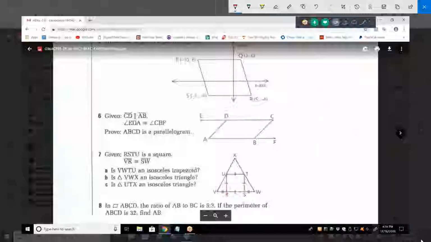So the question is, what's the definition of an isosceles trapezoid? It's where the other two sides are equal or congruent. Are they here? V, W, T, U. Yes. In other words, these two sides are what needs to be equal. And they're equal why?